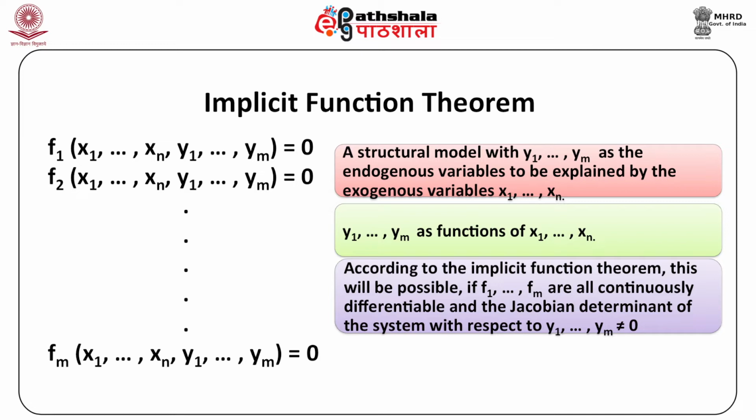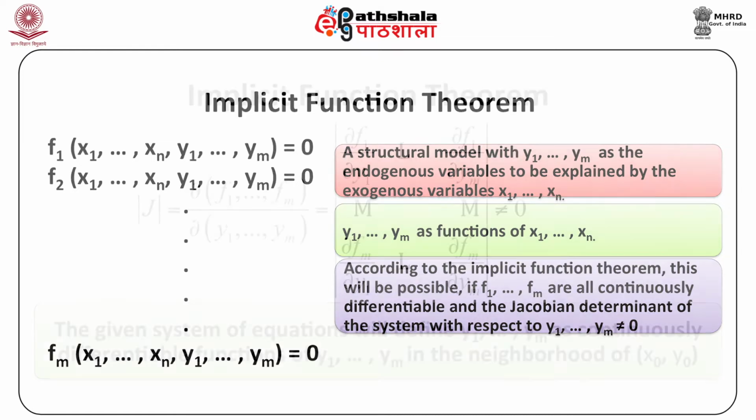This means we want to write y1 to ym as functions of x1 to xn. According to the implicit function theorem, this will be possible if f1 to fm are all continuously differentiable and the Jacobian determinant of the system with respect to y1 to ym is not equal to 0.